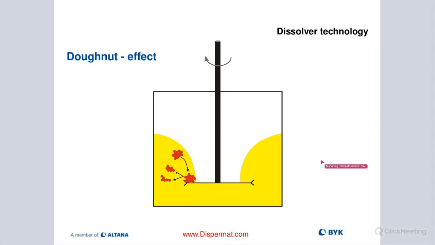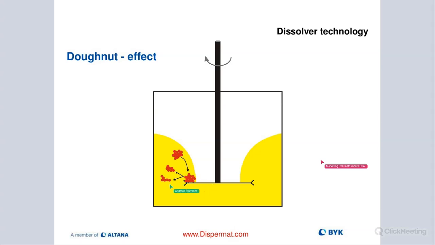On this picture here, it kind of shows you where we break up these binding forces. If you take a look at this, I have a dispersion blade with these teeth, what some people call a Cowles blade. Right at the edge or corner where my teeth are located is where I'm actually breaking up these binding forces and separating these particles.